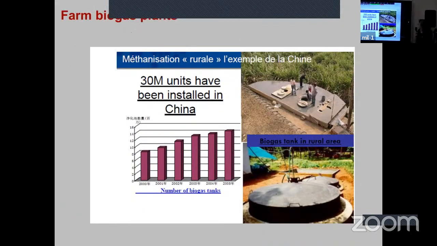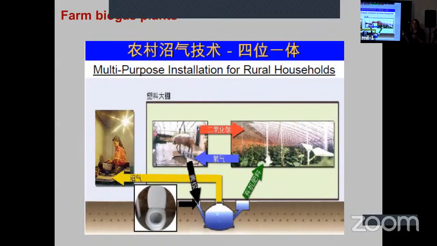Here are some examples of reactors in China. Maybe you can see the legend. You can read it better than me, but the number is very high in China. They have a large number of plants, and it can be either at house scale, where they treat the kitchen residue and the manure from animals and directly use the biogas for cooking.